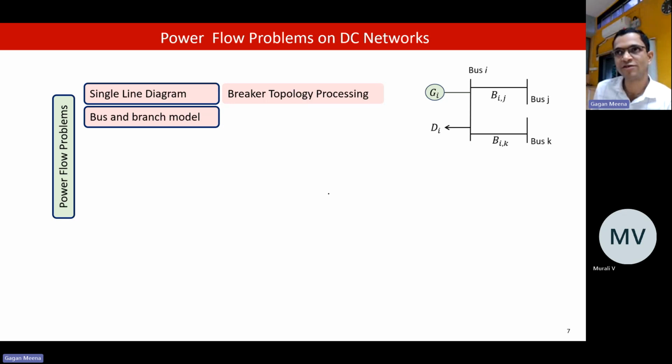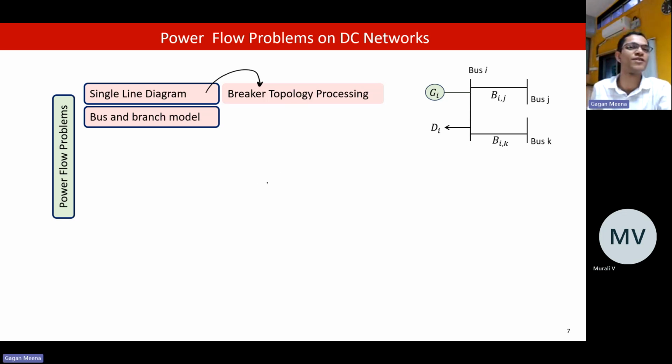Even in transmission we need to consider it, before drawing the single line diagram. Before drawing this single line diagram, its precursor step is breaker topology processing. In a substation, there are different organizations of the buses.